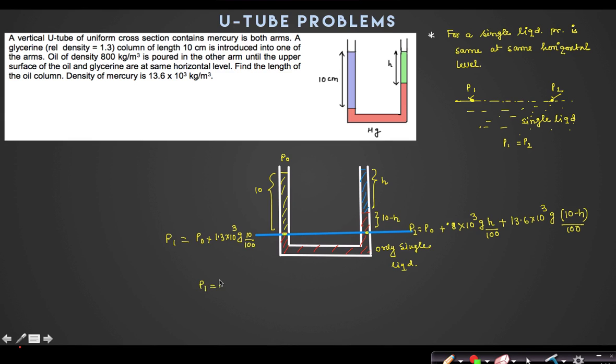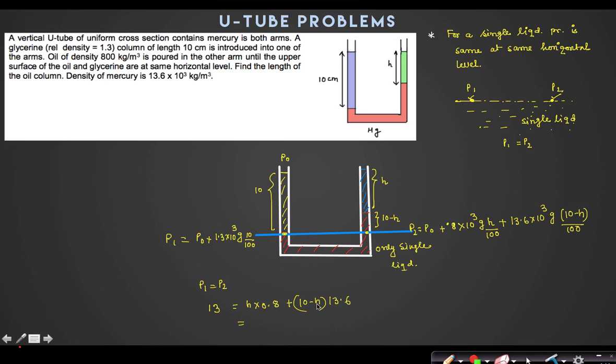So as P1 is equal to P2, I can cancel P0, I can cancel the 100 in the denominator, I can cancel g, and I can also cancel 10 power 3. So 10 into 1.3 is 13, that is equal to H into 0.8 plus (10 minus H) into 13.6. That is the equation I've got.